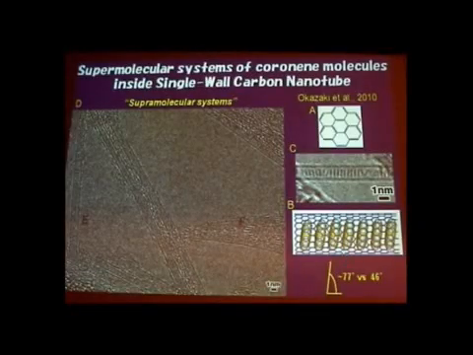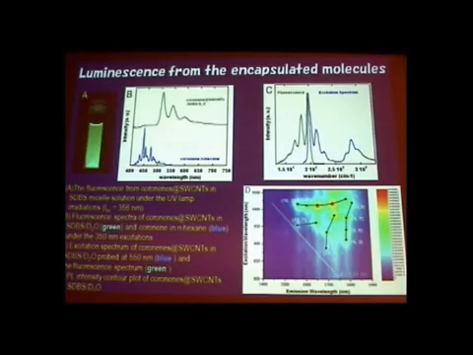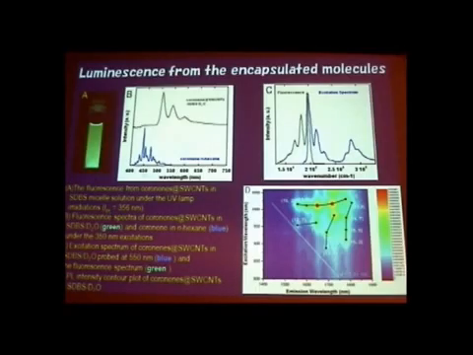So it's different. Obviously, there is a lot of interaction between the wall and the molecule itself, and among the molecules themselves. Then once again, we checked the luminescence and what the effect is from strain or charge transfer between the nanotube and the molecule. This is the coronene in carbon nanotubes.